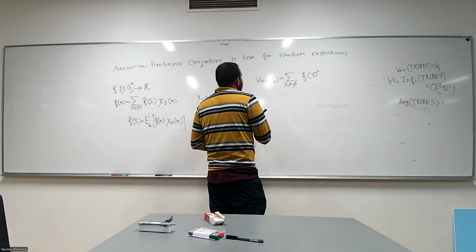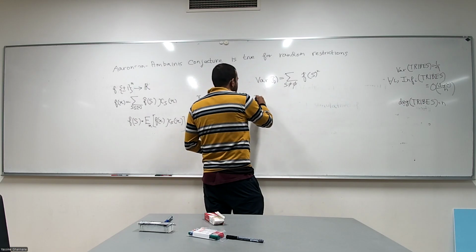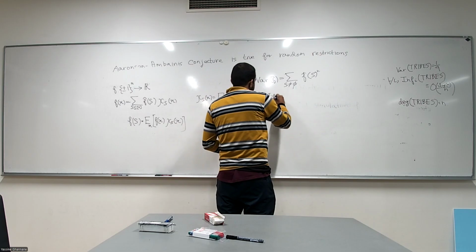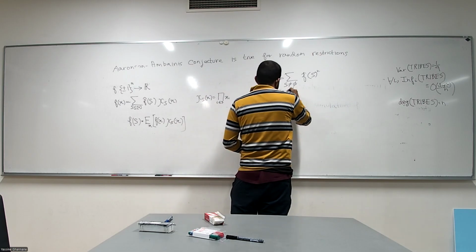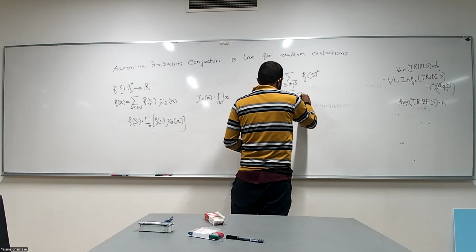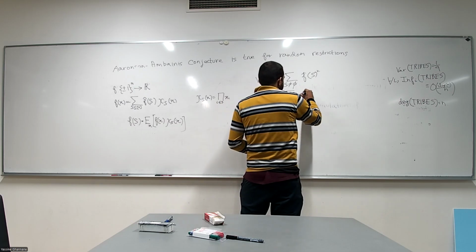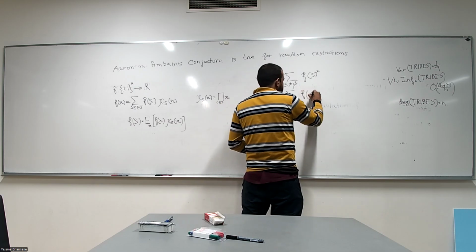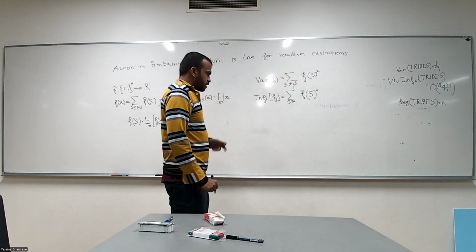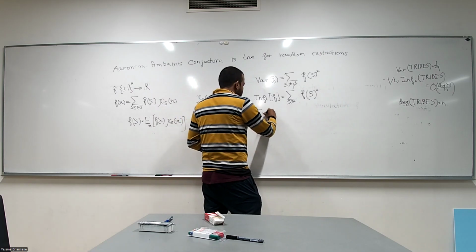We can also write down the expression for the influence of the ith coordinate. That is the total Fourier mass on all sets that contain i.